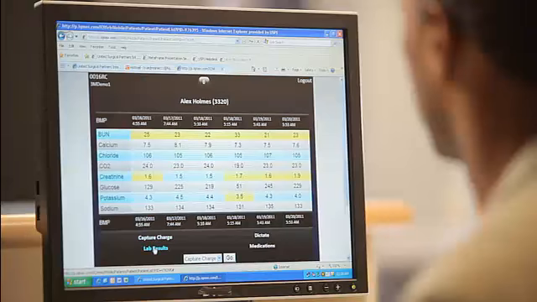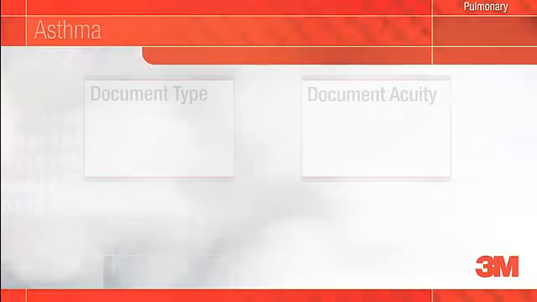This in turn will result in accurate public reporting on quality and outcomes. And it will help reduce the number of queries you receive to clarify your documentation. In the upcoming slides, we'll take a look at some diseases and procedures that have new documentation requirements under ICD-10.